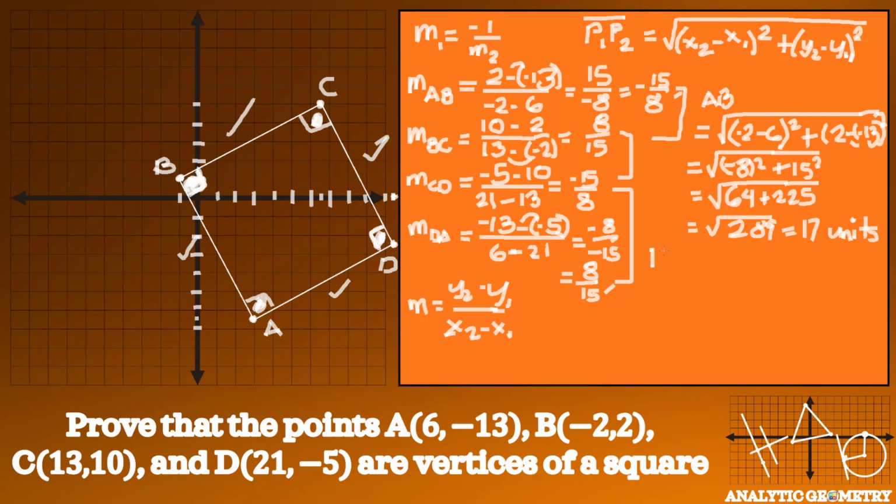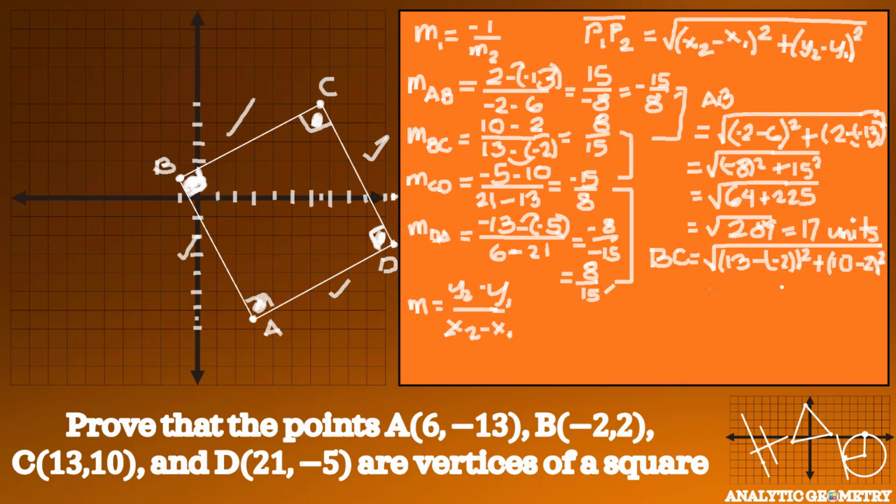If we're going to solve for BC, let's have C as our second point. You will have 13, our x sub 2, minus x sub 1, which is negative 2, and you square that, plus your y sub 2, which is 10, minus 2.